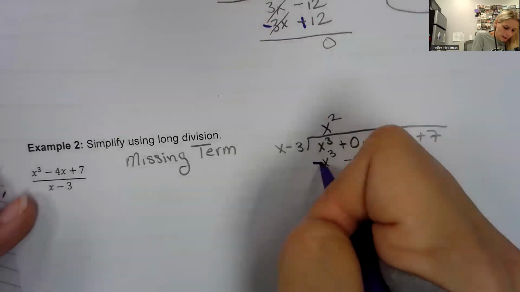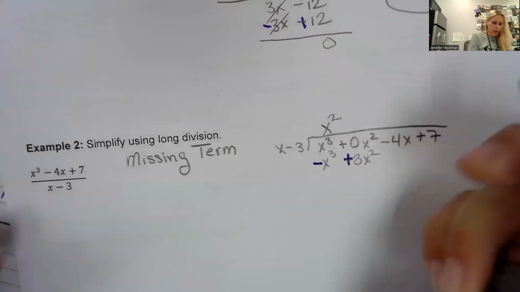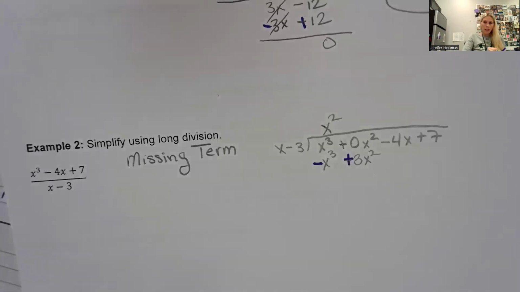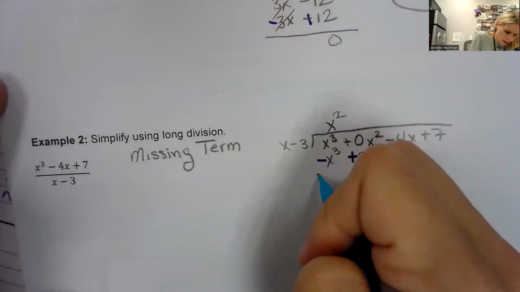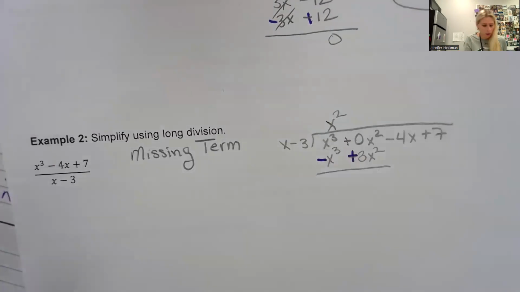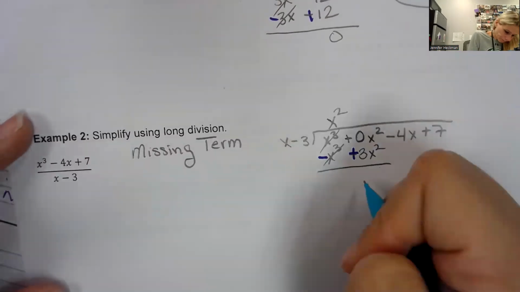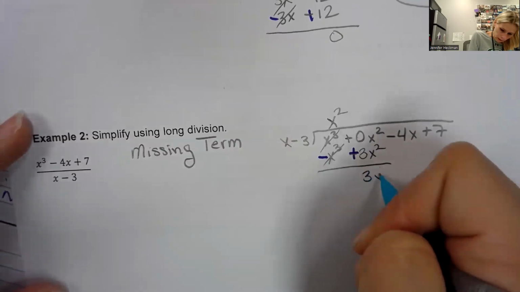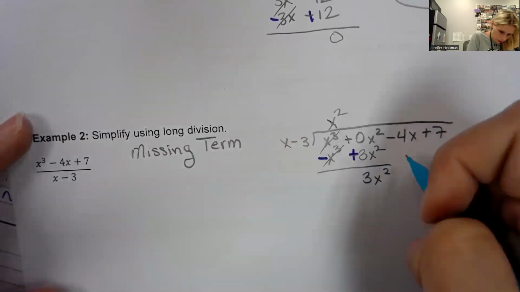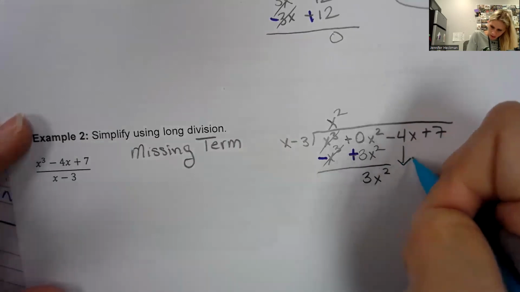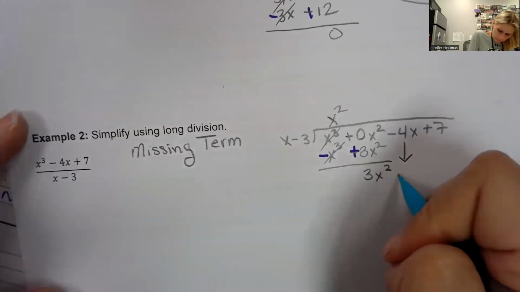So that becomes a negative. That becomes a positive. Now I'm going to add straight down. Again, if you like your subtraction, go for it. Those cancel. That was the point. So we're left with 3x squared. And now we're going to bring down our -4x.